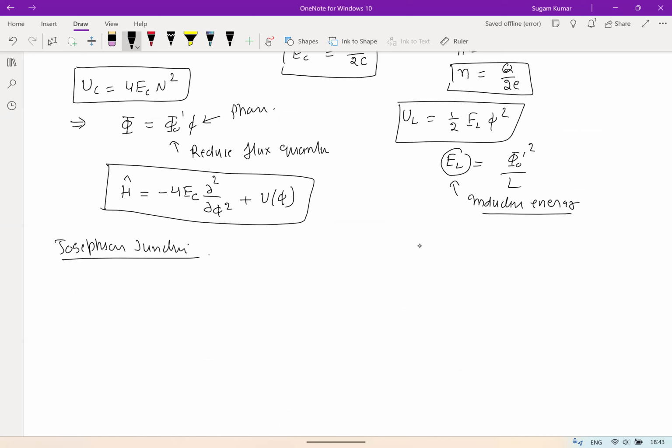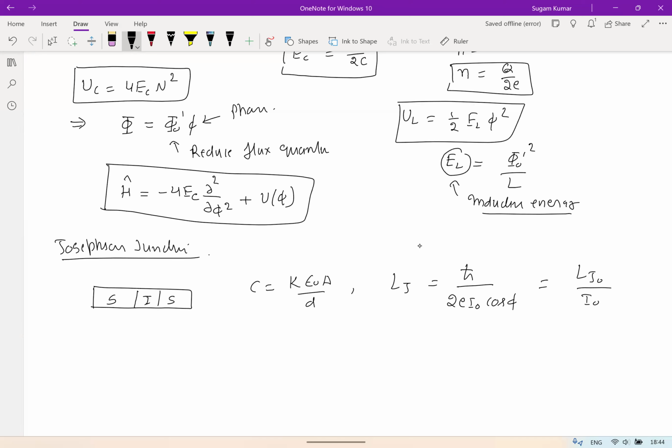This Josephson junction, I said, is going to act like a capacitor with the capacitance value of K F naught A by D. And this is also going to act like an inductance with the inductance value Lj, which was equal to h upon 2E I naught into cos phi, which I call Lj naught upon I naught.